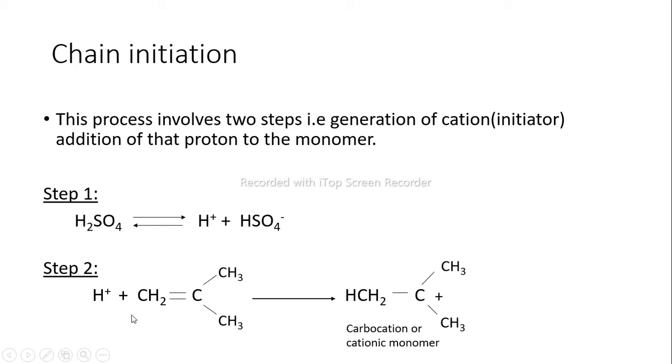The pi bond in the monomer breaks when the proton acts on it, and the carbon donates its electron pair to the hydrogen, which then forms a covalent bond with the CH2, and as a result a positive charge comes to the carbon. This is known as a carbocation or a cationic monomer. And the chain initiation step is completed here.